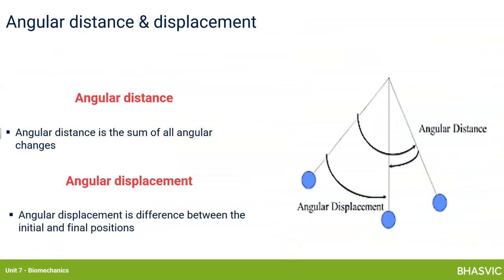So just to summarize, these two terms that you should hopefully be able to grasp given your linear knowledge. Angular distance is the total sum of all angular changes, whereas angular displacement is the difference between the initial and the final positions. So if this pendulum went from there to there, that's the total distance, but actually it starts here, it finishes here, that's the angular displacement. Nice and understandable.